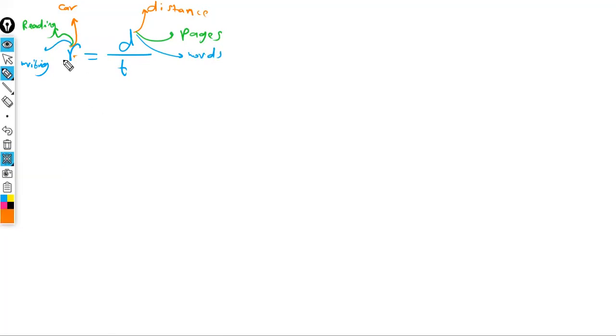And R maybe will represent the speed of filling a tank. In this case, D will represent the volume. So D maybe will be distance or pages or words or volume or number of units produced.